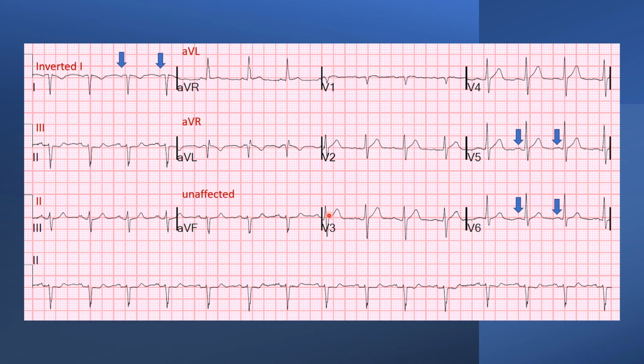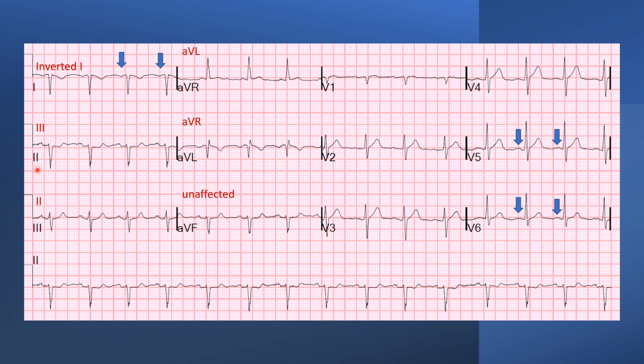If your limb leads were switched, which means that your right arm lead is placed on the left arm and the left arm lead is placed on the right arm, as I showed you in the slide before, your lead 1 is the inverted lead 1. So when you see lead 1 here, if you turn it upside down, this is how your normal lead 1 should look. Now this one is flipped upside down, so that's inverted lead 1.